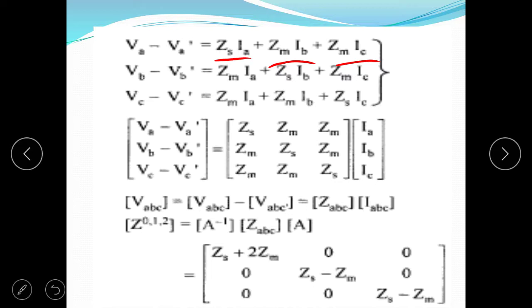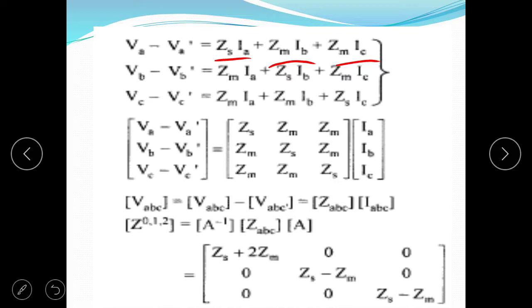It is the voltage drop across the inductor, due to the phase currents of phase A, phase B and phase C, because the current IA flows in phase A and the impedance of phase A is Zs.